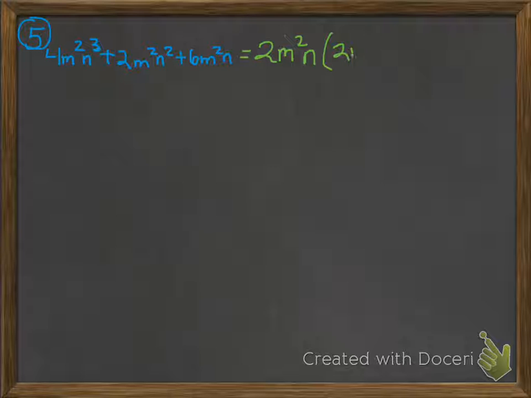So I'm left with n squared. Plus, the 2 goes away, the m squared goes away, I'm taking out 1, so I have just n, plus 6 divided by 2 is 3, and we took out an m and n squared, so those kind of go away, and we have our factored out equation.